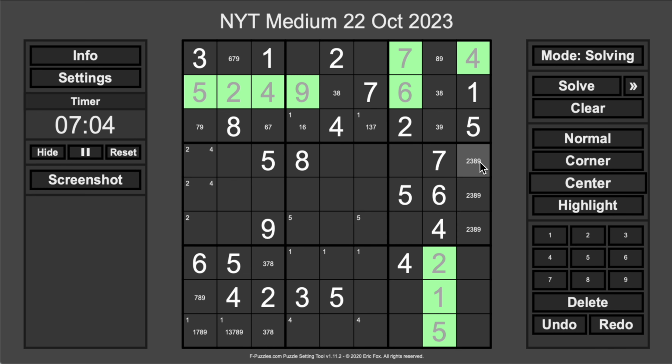So they are 2, 3, 8, or 9, but this is an 8. And this is a 9. Okay, I've got 1 in one of these two cells. And this is not 8, this is not 9.